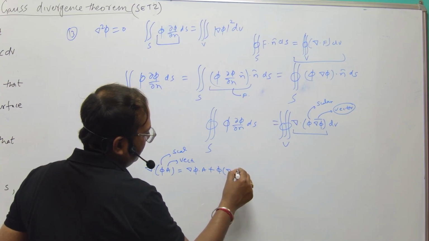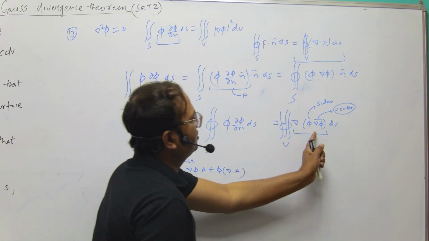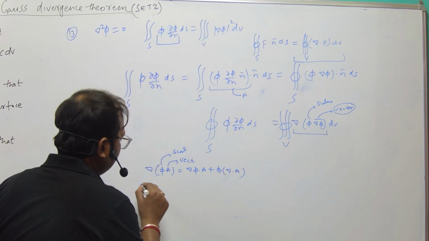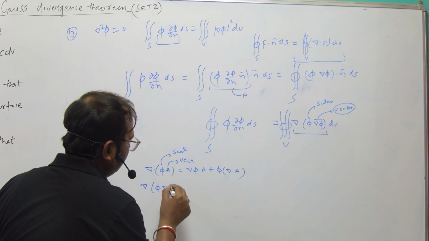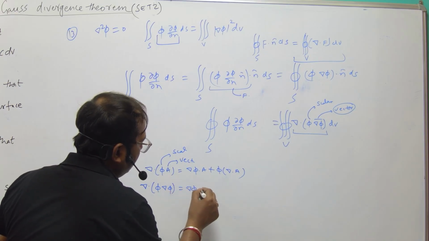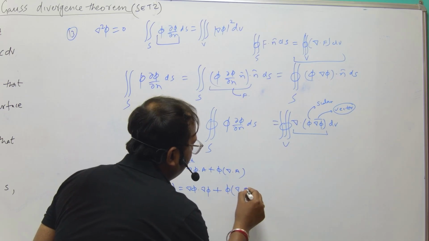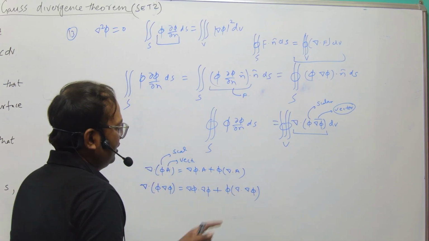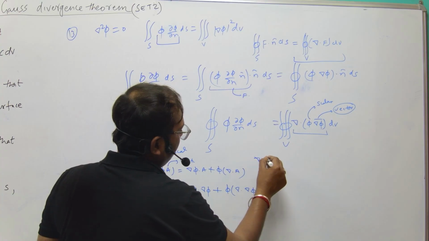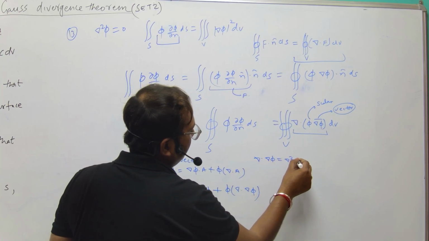Here a is equal to del phi, so let us replace this. So del dot phi del phi is equal to del phi dot del phi plus phi times del dot del phi.